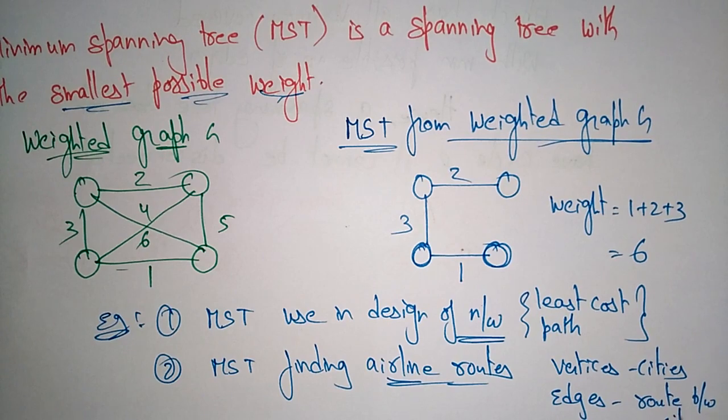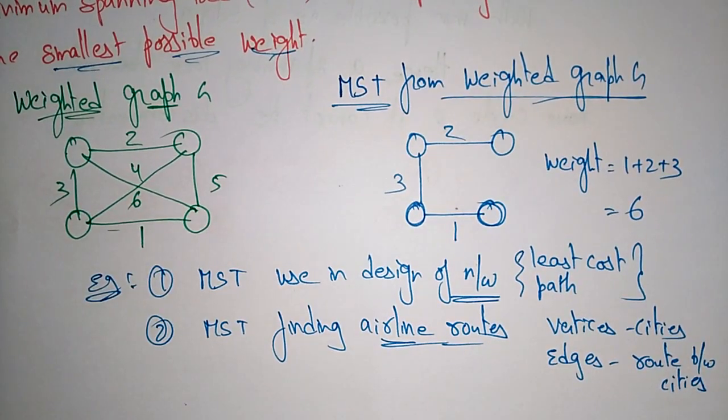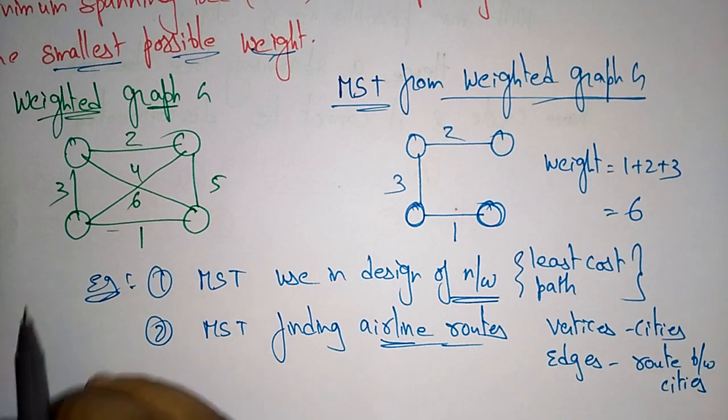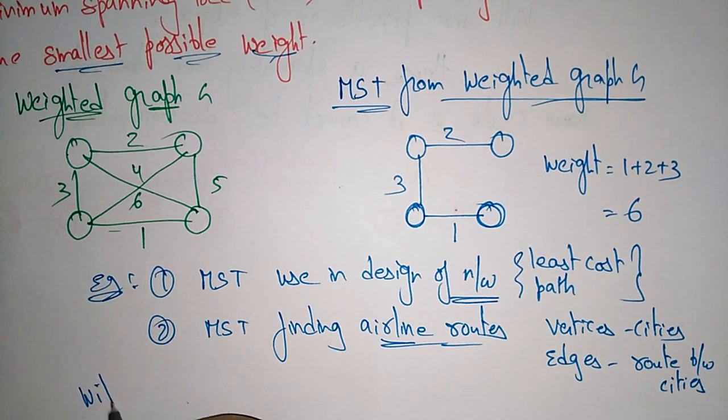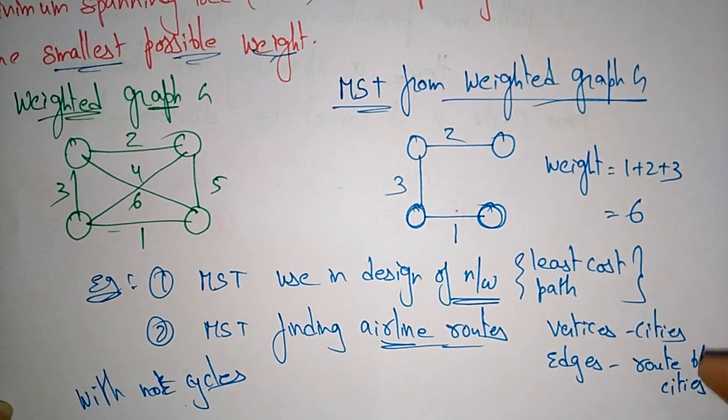Based on the distance covered by the airline route, MST can be applied here to optimize the airline routes by finding the least cost path with no cycles. One thing you have to remember is that the MST can be implemented with no cycles.